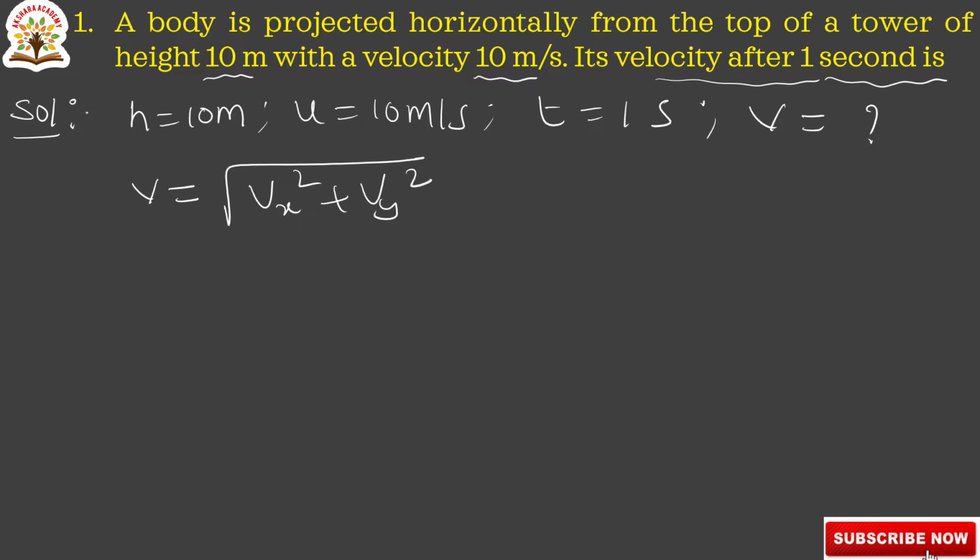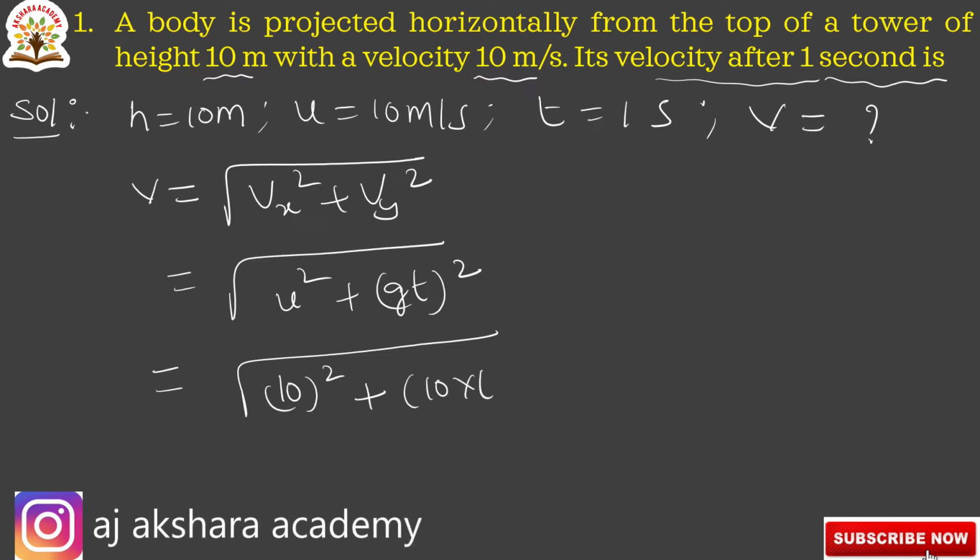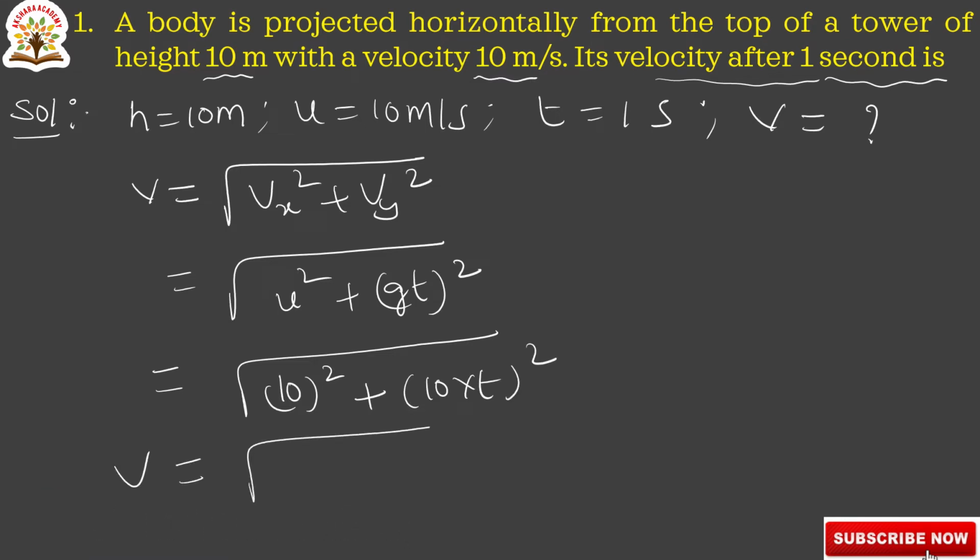So that is equal to u square plus (gt) whole square. Substituting the values, u is given as 10, so 10 whole square, plus g into t, 10 into 1, whole square. That is 100 plus (10 into 1) whole square.